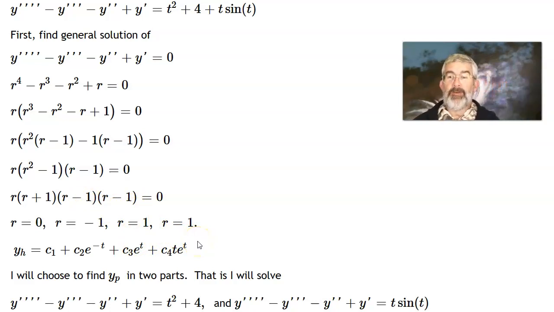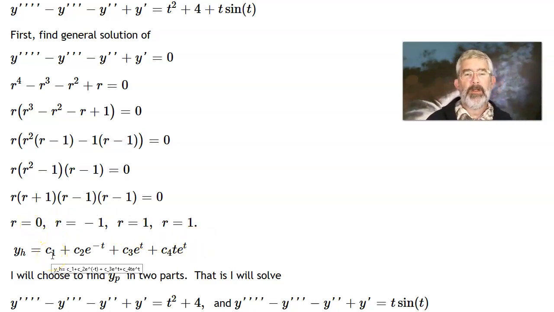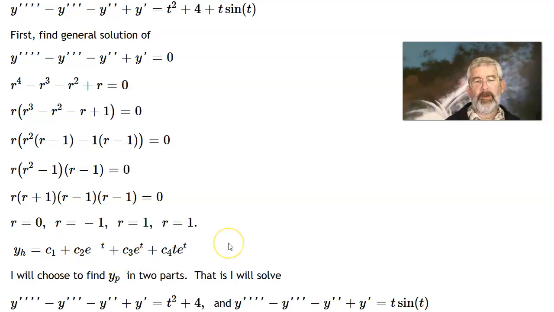The 0 gives me a constant, because e to the 0t would be 1, so 1 times that constant. The minus 1 gives me e to the minus t, and the 1 gives me an e to the t and a t e to the t. So there's the general solution for the homogeneous equation.